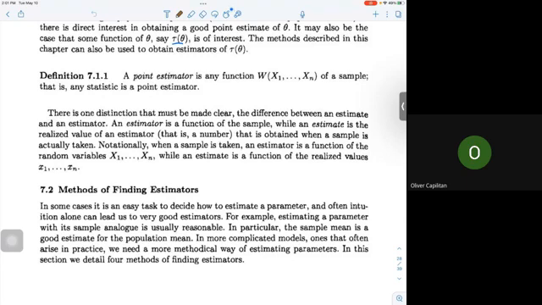The point estimator is actually an estimator of our unknown population parameter theta, or sometimes it could also be an estimator of a function of our unknown parameter theta.